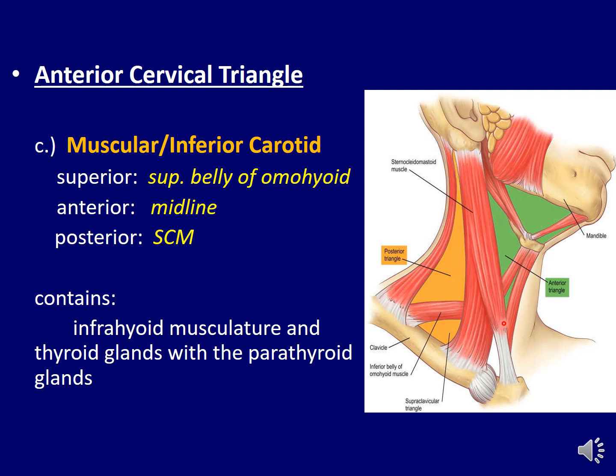It contains the infrahyoid musculature or the strap muscles and the thyroid glands with the parathyroid glands.